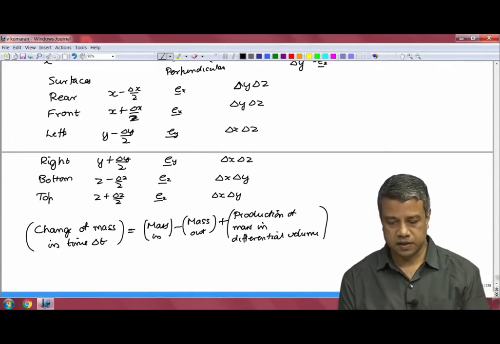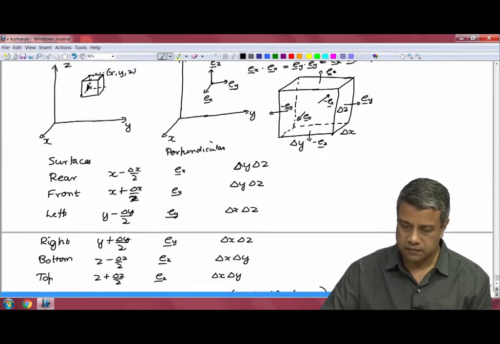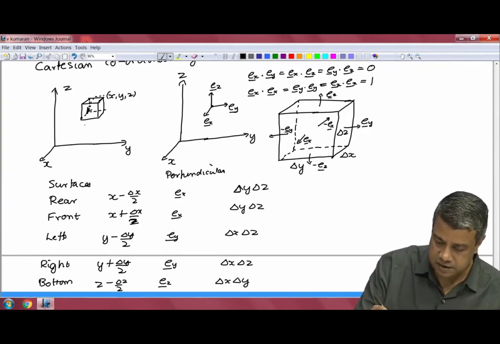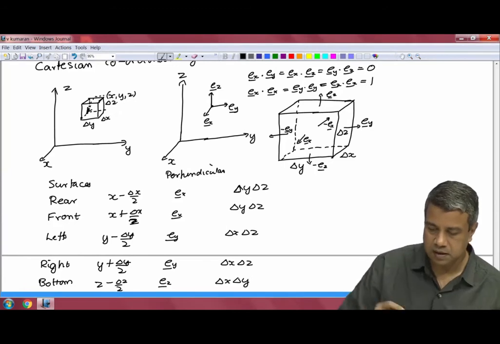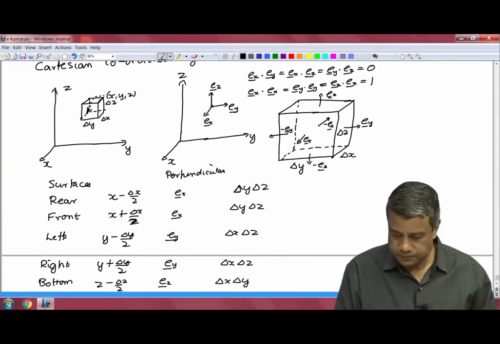That is the conservation condition. That has to be applied for this differential volume of sides delta y, delta x and delta z about the location x, y, z.